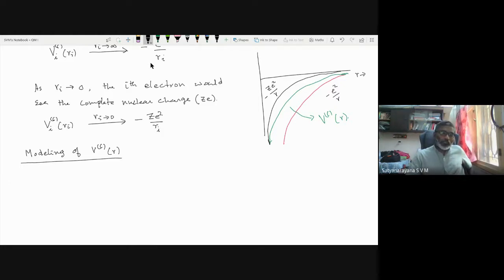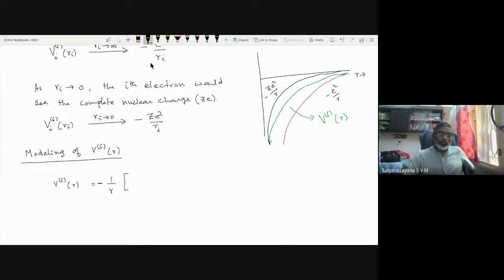Suppose I write down my Vc(r). It should be equal to, let's say, 1 over r, and of course there's a minus sign here.